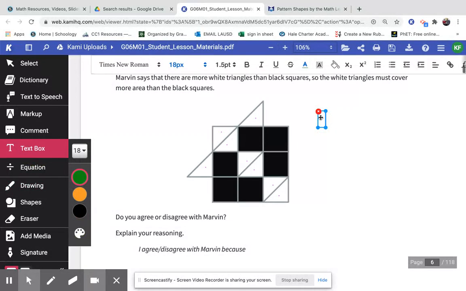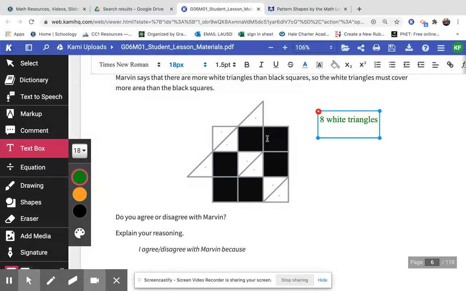So there's 8 white triangles. But notice this. See these 2 white triangles together? 2 white triangles is the same amount of space or area or plane that's covered by 1 black square. So 1 black square equals 2 white triangles.